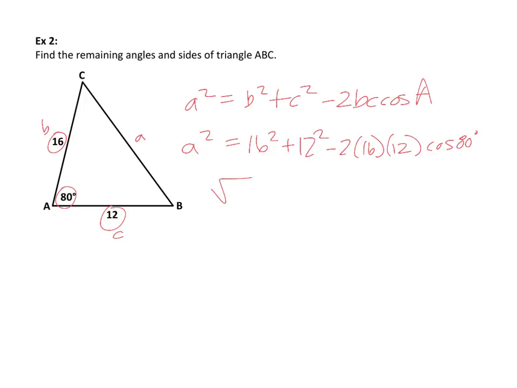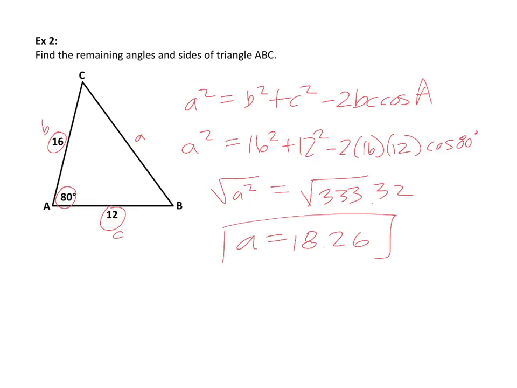So when I simplify everything, I get 333.32. So for A, taking the square root, I end up with approximately 18.26.